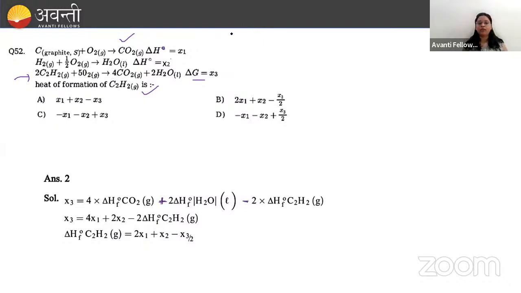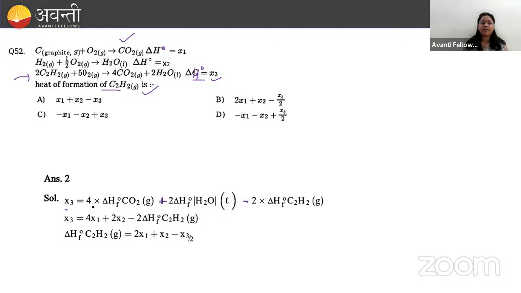But here we need to calculate the heat of formation for C2H2. So what I'm going to do is arrange this given equation in terms of x3, because here delta H0 for this reaction is x3. Now we need to find out the heat of formation for C2H2.